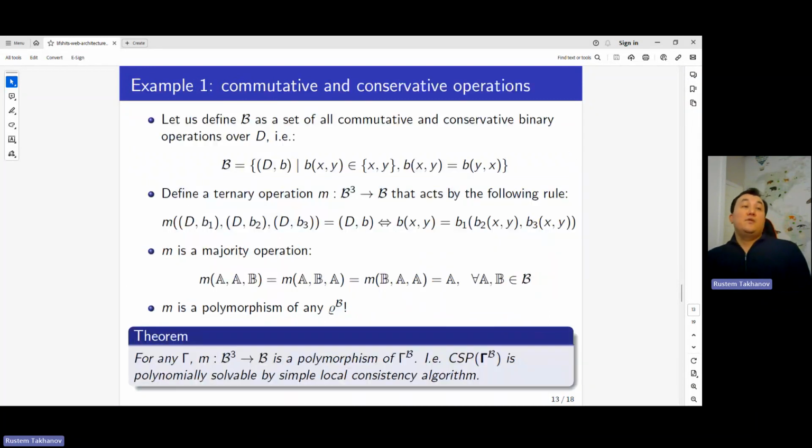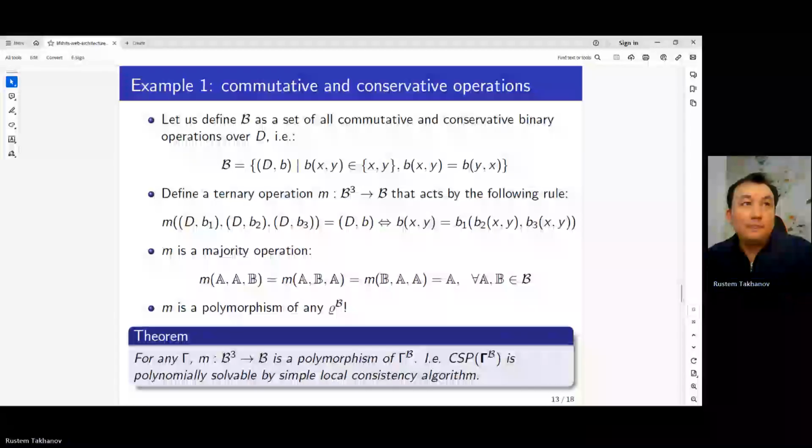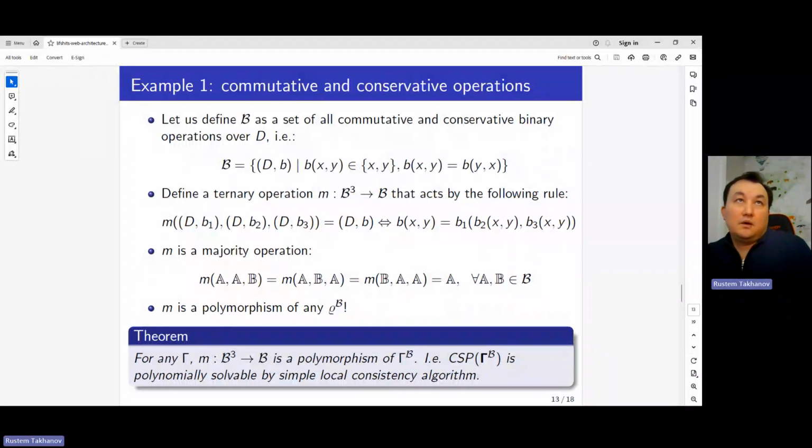Let's give examples. For example, if B is all algebras (D, b), where b is a commutative and conservative binary operation over D. Commutative means b(x, y) is equal to b(y, x), right? And conservativity means that b(x, y) is either x or y, for any x, y.